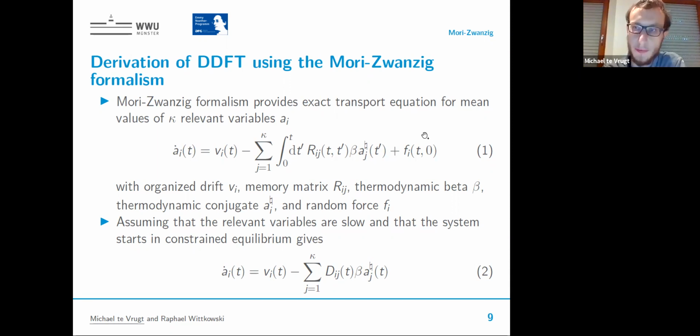And then we commonly make two approximations. First of all, we assume that the relevant variables are slow, so that this memory kernel falls off quickly, and then we get this irreversible dynamics. And we make a certain assumption about the initial conditions, which has the effect that the mean of this random force vanishes with respect to the ensemble we're considering. So this is a transport equation for the mean values.